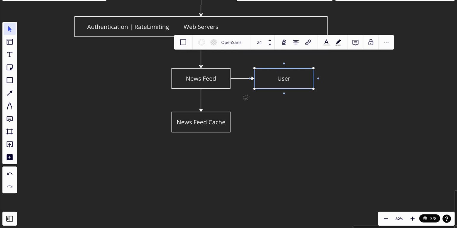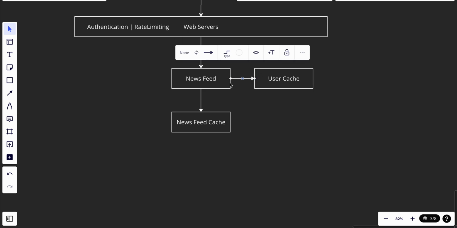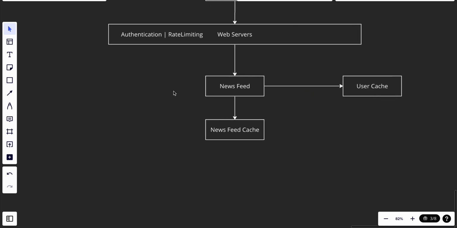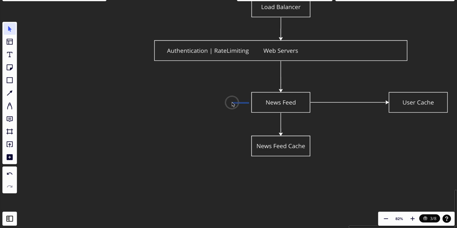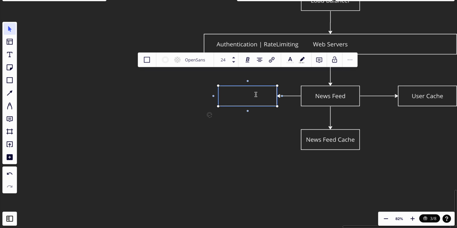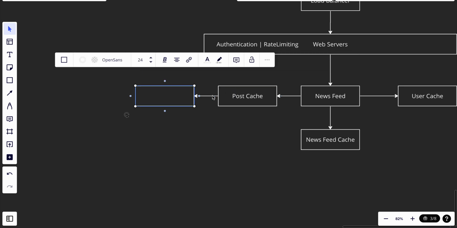User cache, and we have, let's just make this one, and we said that we will have a post cache, and we will have post DB, of course.